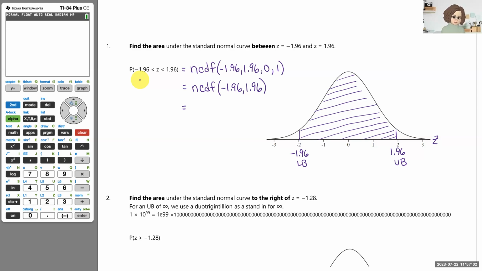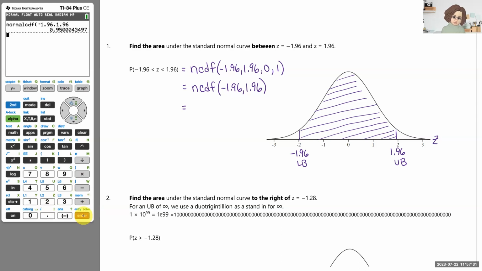Okay, so we're going to go to our distributions. So second, distributions. Choice 2 there is your Normalcdf. And then to enter the negative 1.96, just remember to negate a number, you want to use your negation button, not your subtraction button. So negate, and then 1.96, comma 1.96.